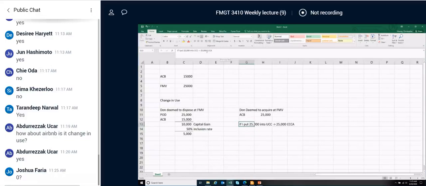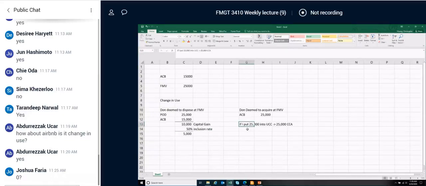Well, what's the problem with this? I paid 15,000 and I get taxed for 5. But I get to put 25,000 in CCA. So at the end of the day, you only committed 15,000 up front, and you only got taxed for 5. So that's like $20,000, and on the other side, you're actually getting a free $5,000 of CCA.